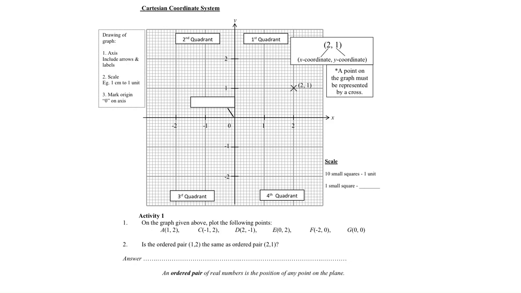Hello everyone, welcome to this video where we are going to explore what we are calling a Cartesian coordinate system. Okay, so here in this particular video, we are talking about an x and y axis, as you can see here.